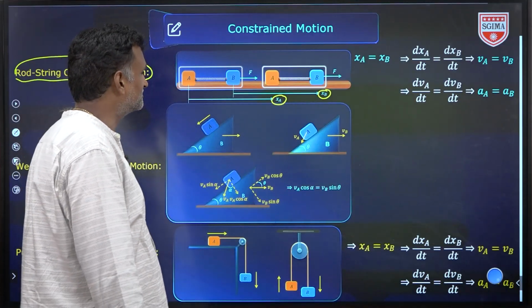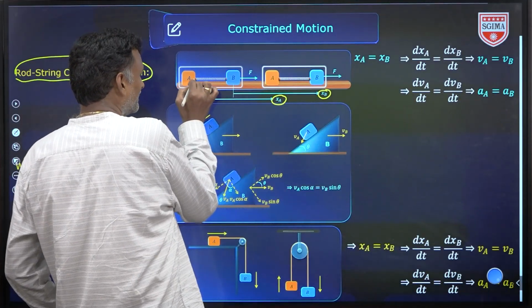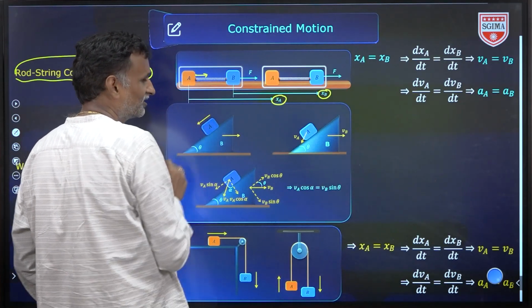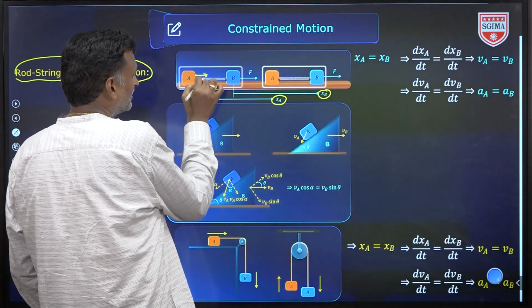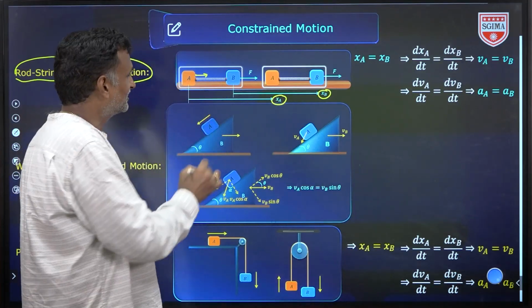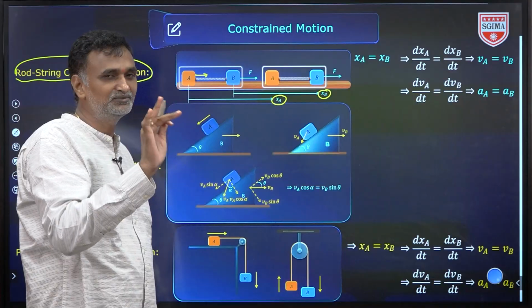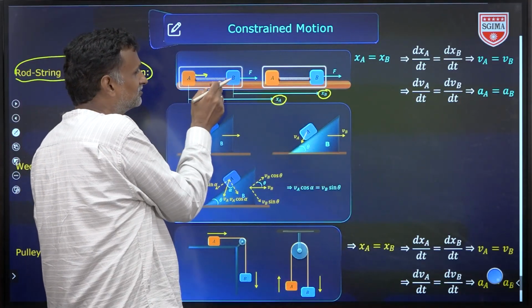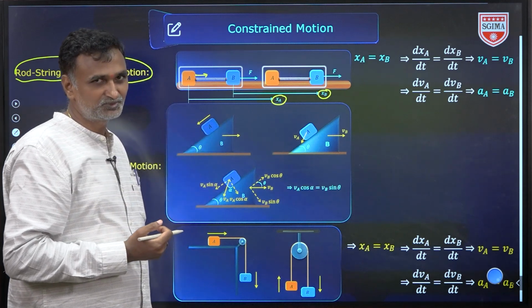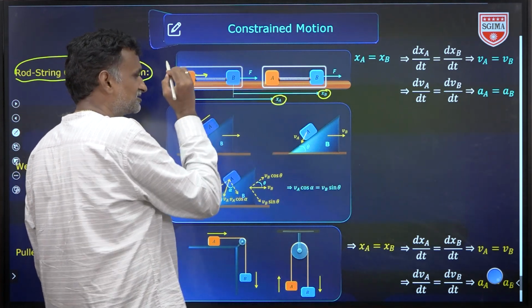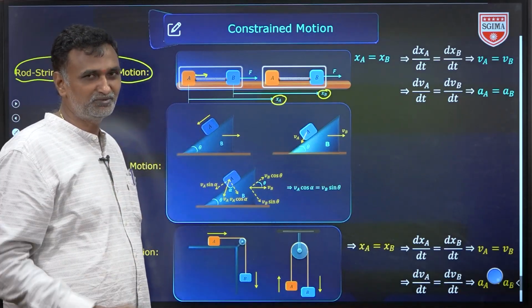It is clear this cannot be displaced separately forward apart from the rod, which means they cannot go ahead leaving the rod, because the rod will stop A from moving forward. Whatever distance is travelled by B, the same distance is travelled by A, that is no problem.